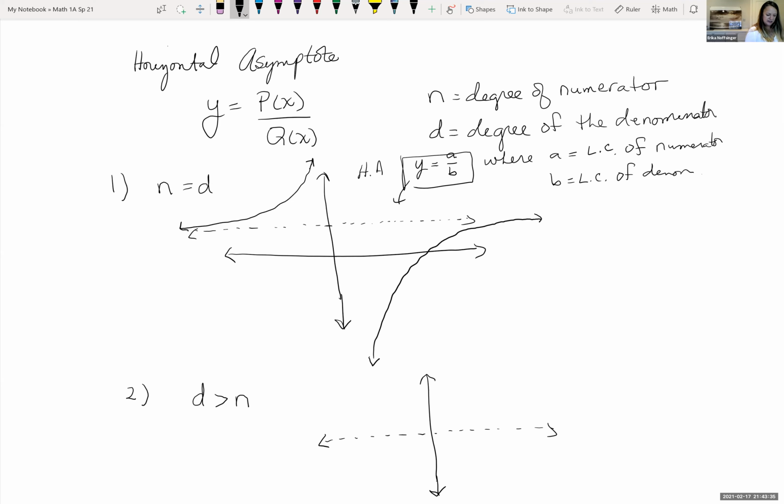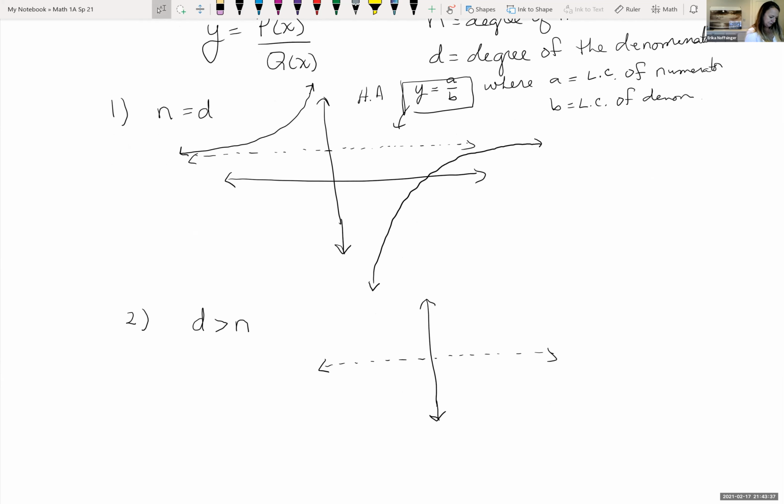And so we have here that y equals 0 is the horizontal asymptote. So again, as we're going off to positive and negative infinity, our graph is getting closer and closer to the y value of 0. It's possible to look like this.